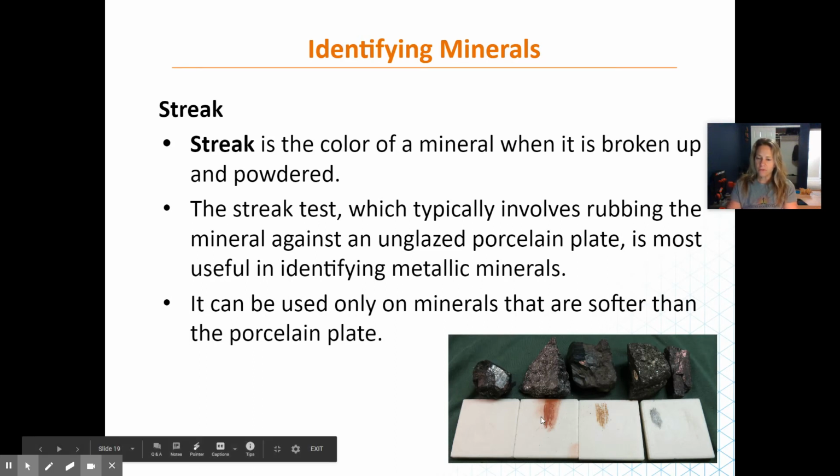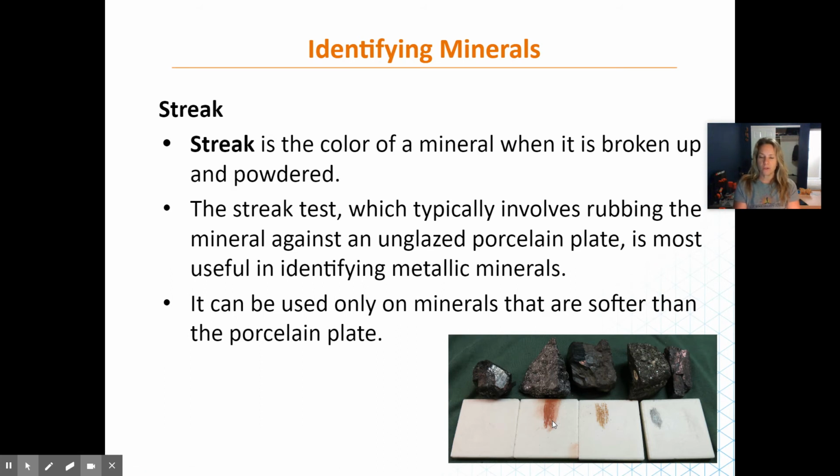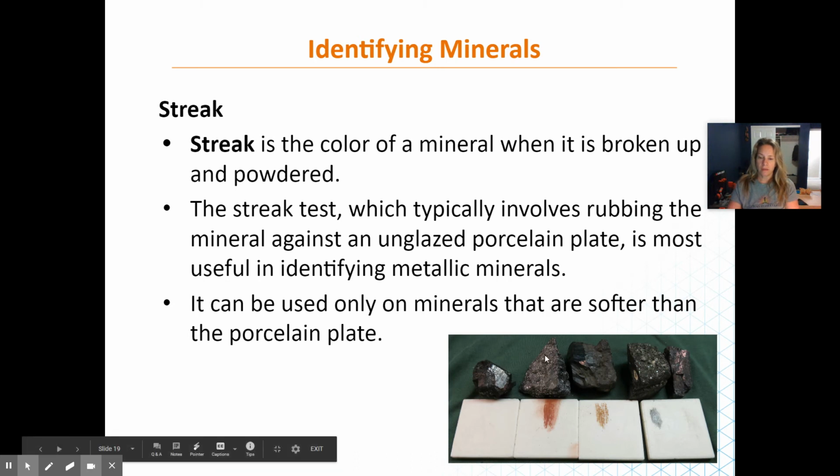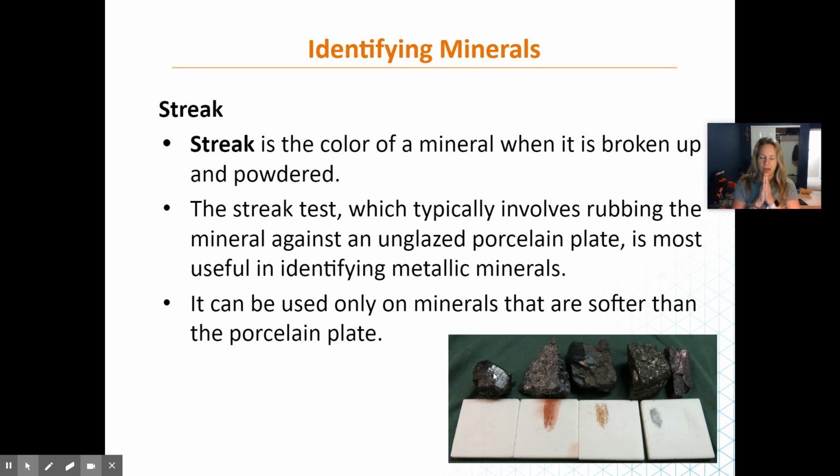All right, streak. You can see these different types of minerals that are shown here. Some of them have streak, some of them don't. These have streak. These ones do not. If it leaves a streak, it also has a metallic luster. So if I were to ask you which of these has metallic luster, you would tell me these three here because they left a streak. The things that are not metallic, even though they might be shiny, are not going to show a streak.